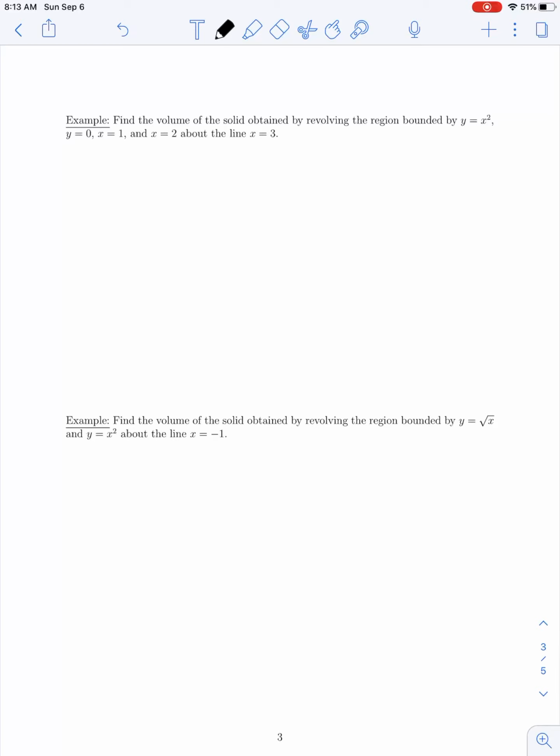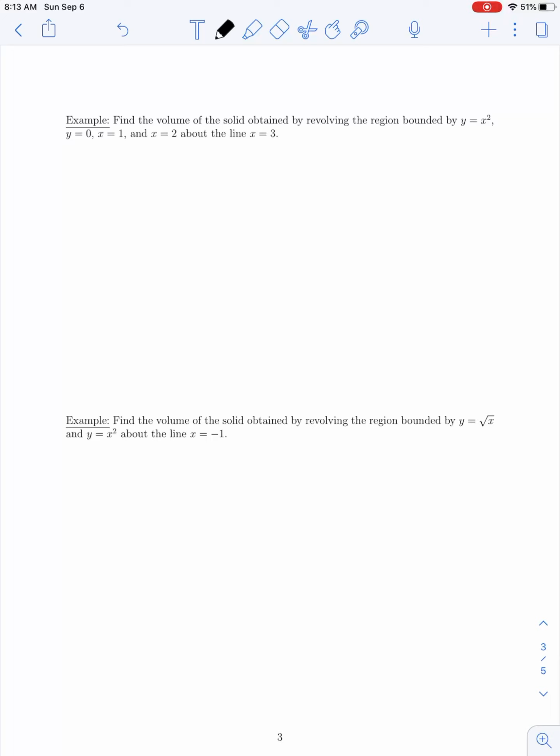This first one, we're asked to find the volume of the solid obtained by revolving the region bounded by y equals x squared, y equals 0, or the x-axis, and the vertical lines x equals 1 and x equals 2 about the line x equals 3. So let's sketch our region to help us visualize this problem.